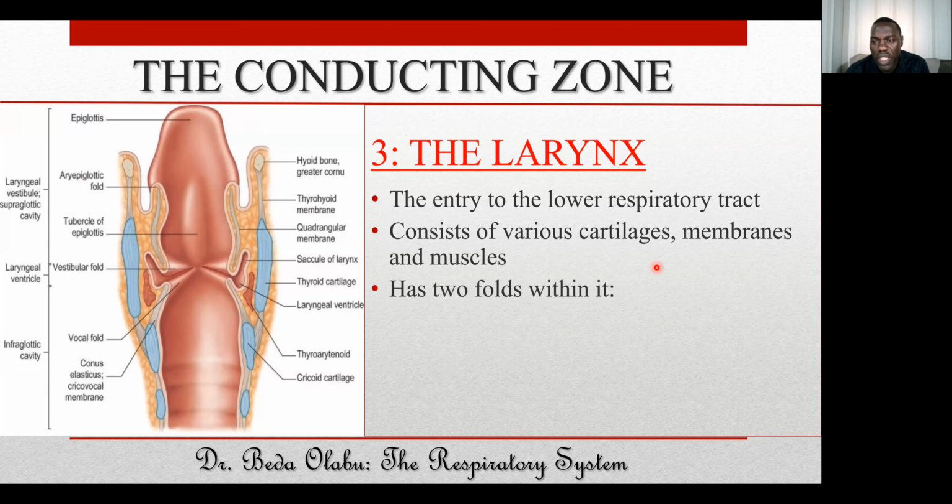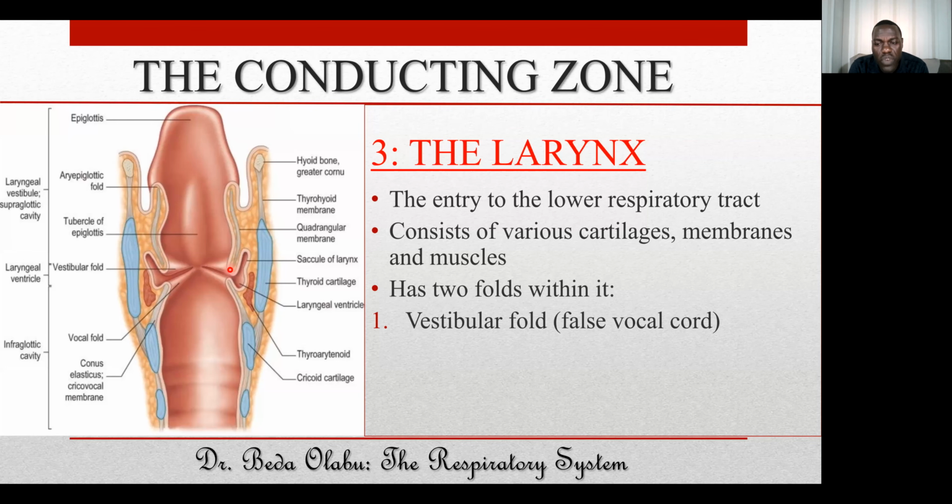I told you I'll not take you through the membranes and muscles. I've also just mentioned 3 cartilages, but as you can see in this image, there are a number of cartilages. There are 2 folds within the larynx. This fold here and the one below. The fold above is known as the vestibular fold.